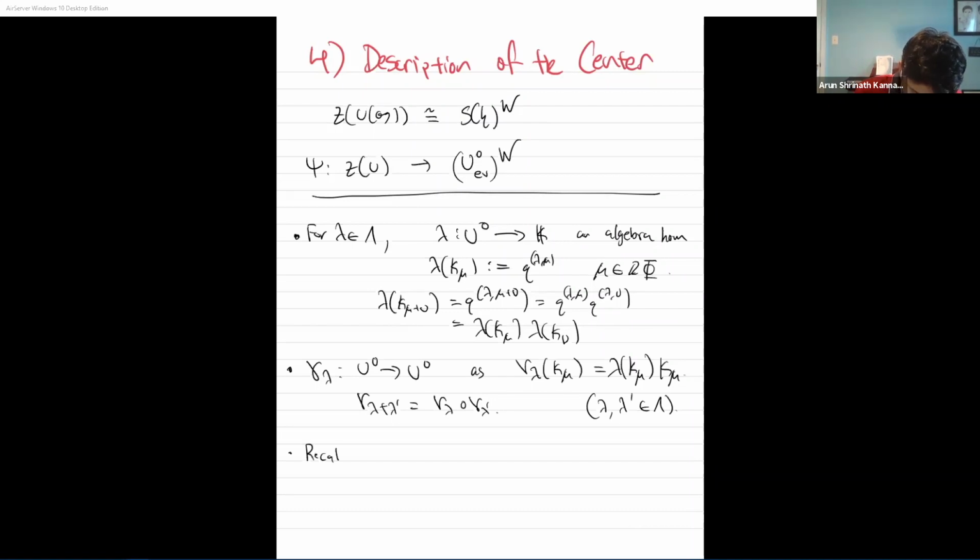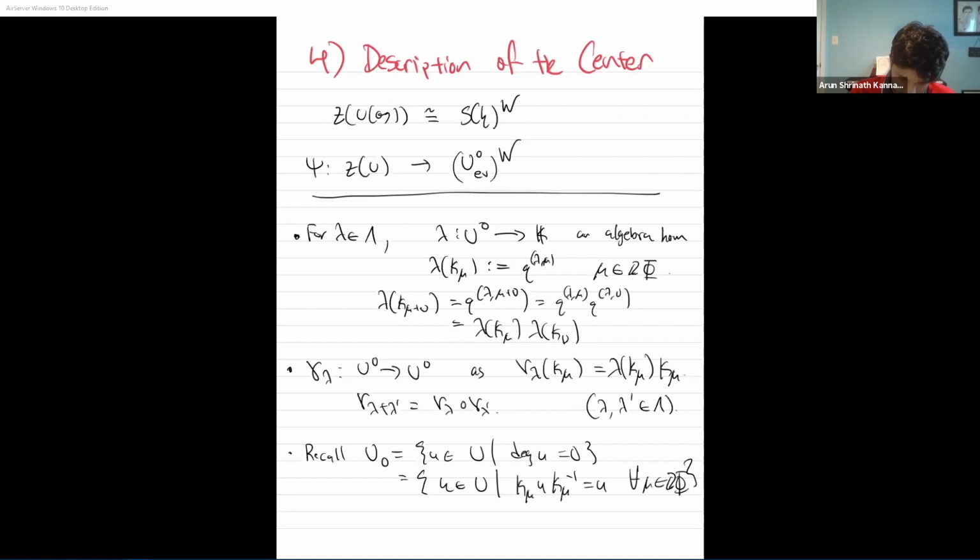Now recall that U0 is the set of elements U of U where degree of U is equal to 0. Again, as I mentioned, this is everything such that k mu U k mu inverse equals U for all mu in your root lattice. So clearly the center has to sit inside here.